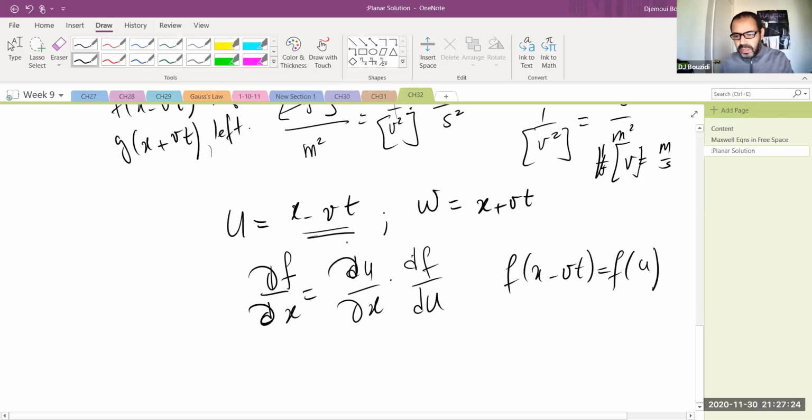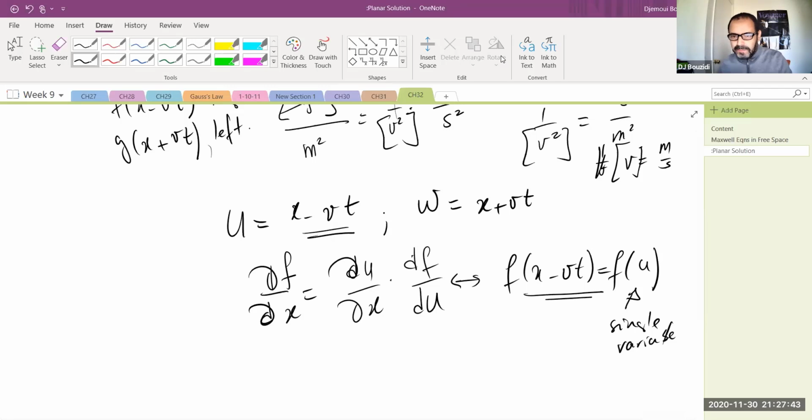I made a change of variable. Now it's only a single variable. Correct? You guys see that? Between the connection to this one and this one. So I made the change of variable, I called u x minus vt. You guys see the algebra in here quickly? Yes or no? I need confirmation in here.